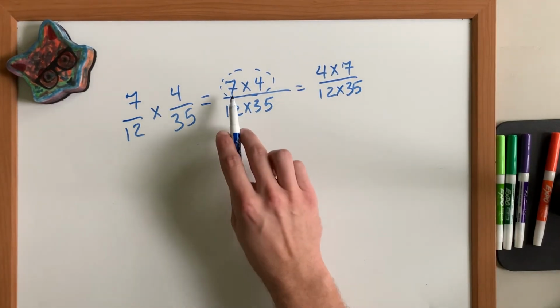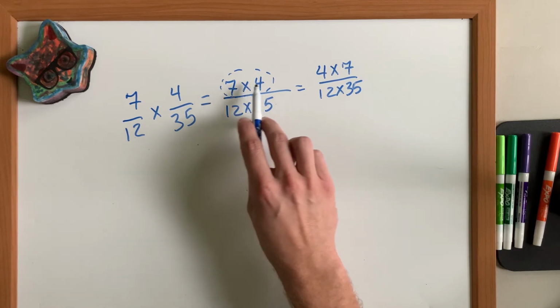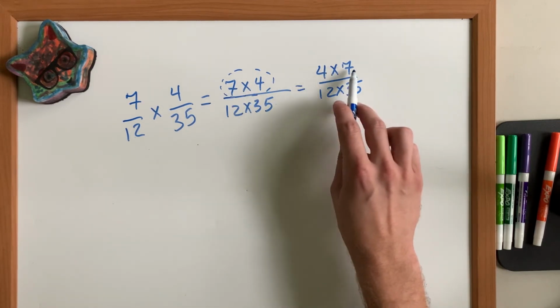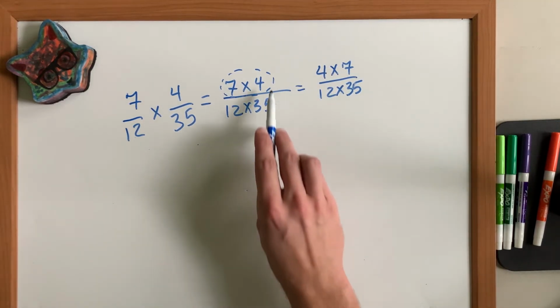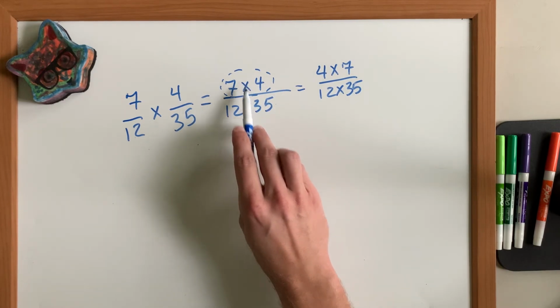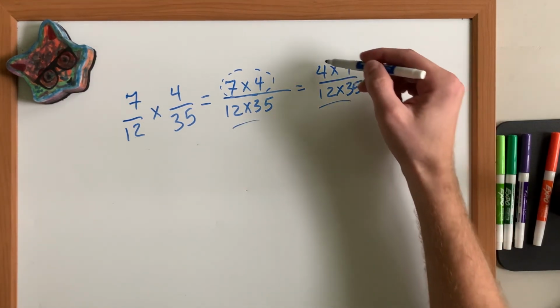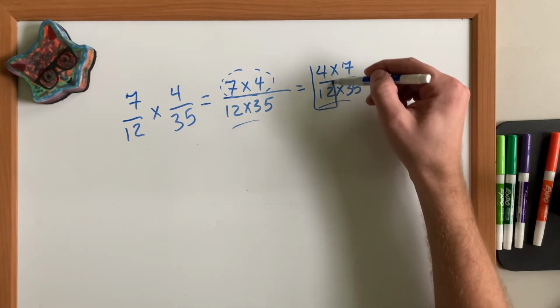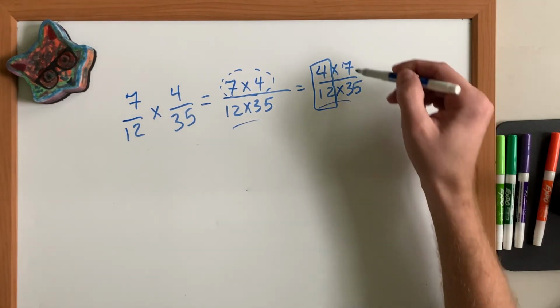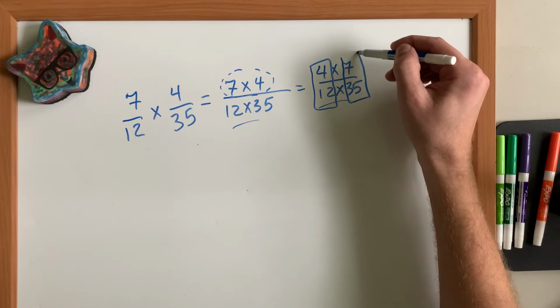The commutative property says that I can flip two numbers that are multiplied and I get the same answer. This one has a numerator of 28, this one has a numerator of 28, and the denominator is the same. Okay? But let's look at what that just did. Now I have this fraction multiplied by this fraction.